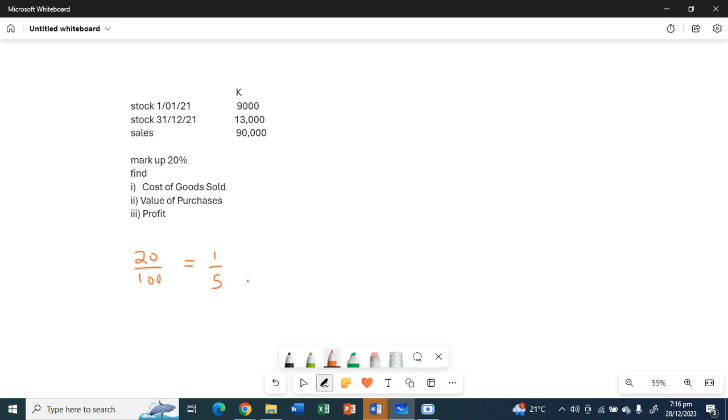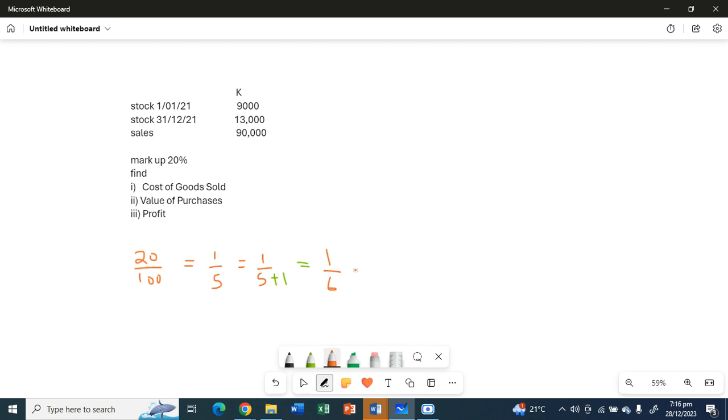Then, when calculating the margin from the markup, we need to add the numerator to the denominator. So this is going to be 1 over 5 plus 1. Therefore, our margin is going to be 1 over 6.